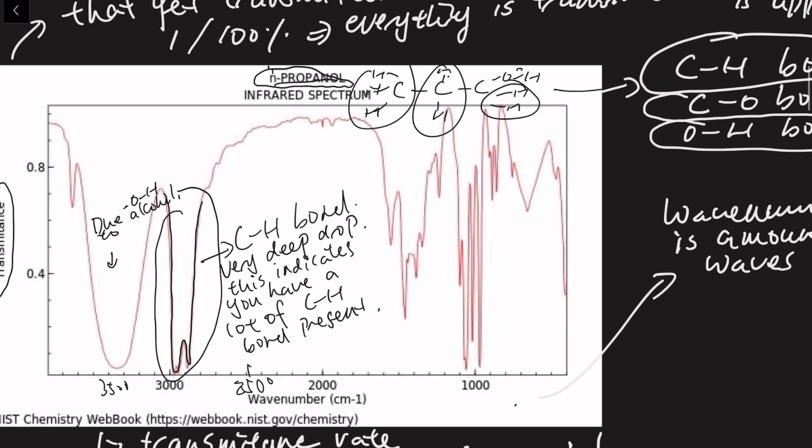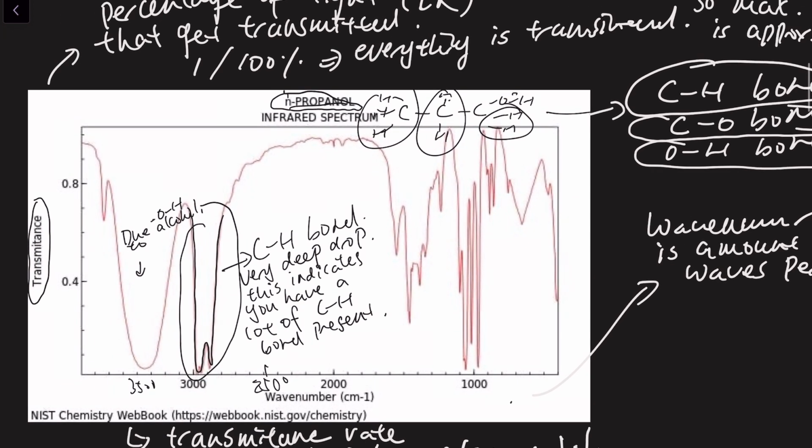So that's the two characteristic peaks that we can identify. For this region, we can see we have a very high transmittance of around 95%. So we know that the light basically passes straight through this molecule, so there's really not enough information here.